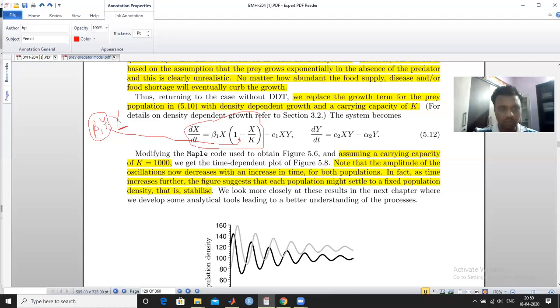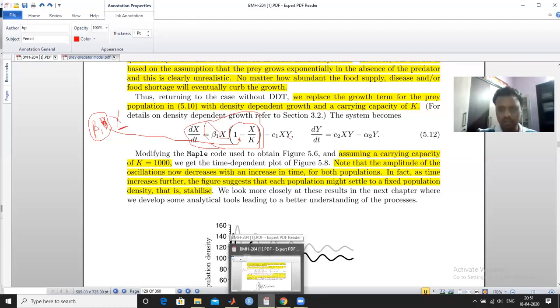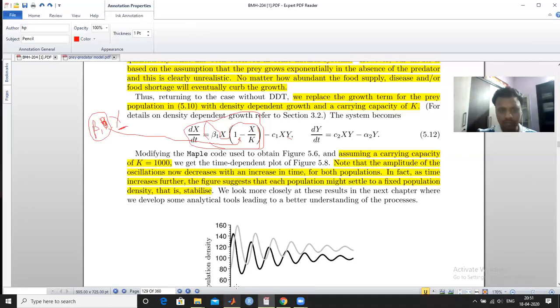There is no y, right? Only this beta 1 is replaced by beta 1 into 1 minus x by k. This beta 1 was the constant, and now this one is 1 minus x by k. As we have already discussed, you can check the density dependent model.